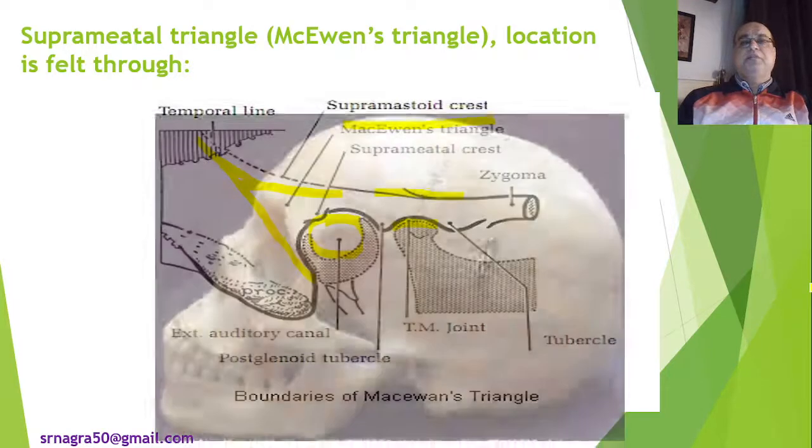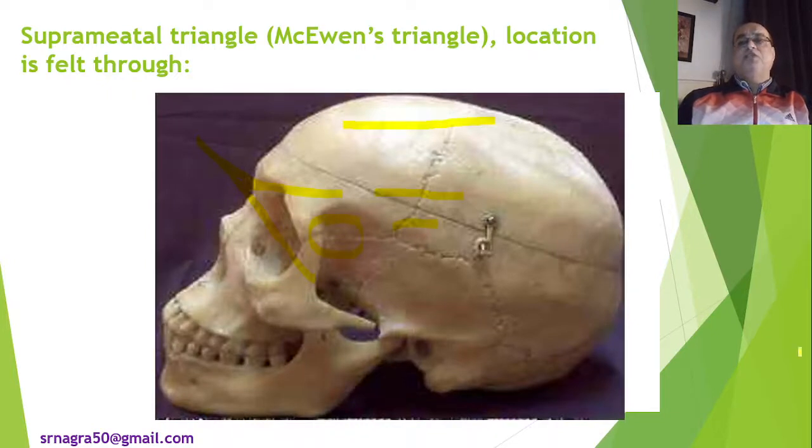I show it a bit more clearly. Now you see, this is an actual dry skull. You can see this is the temporomandibular joint, here is the opening of the external auditory canal, and this ridge, very clearly, is the temporal line.